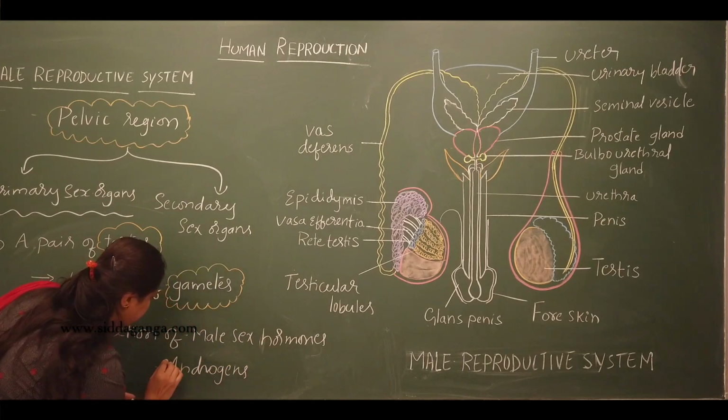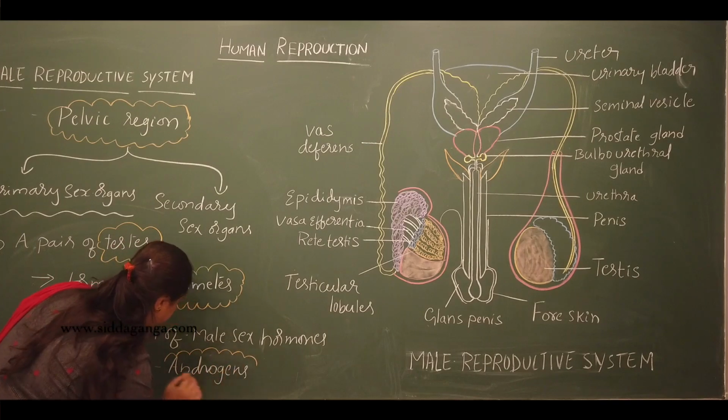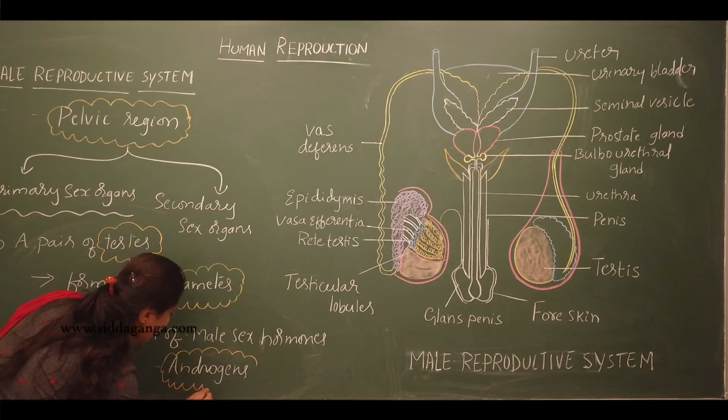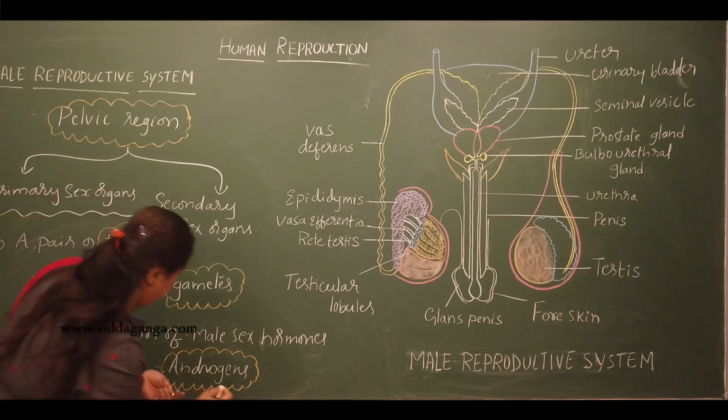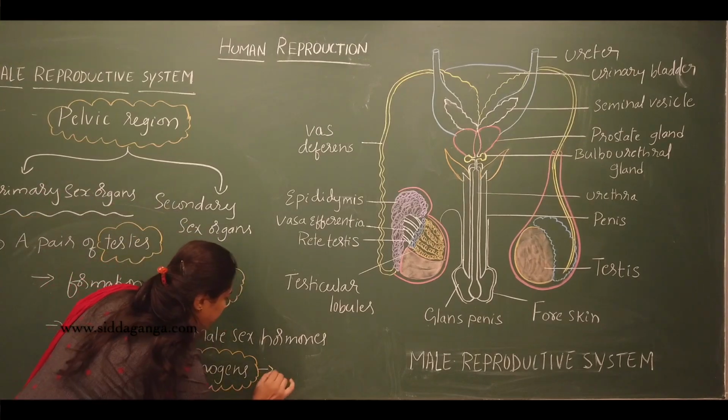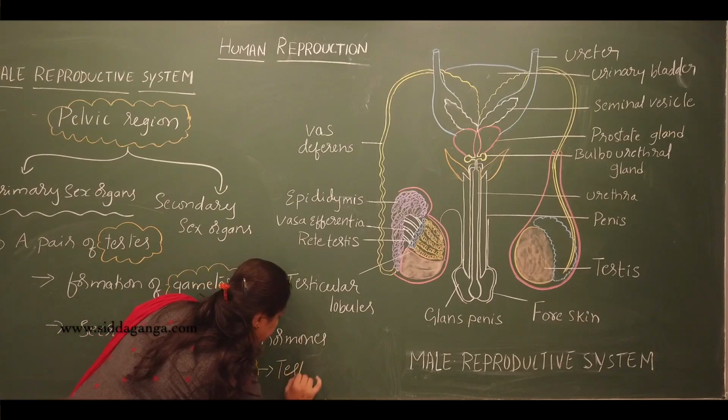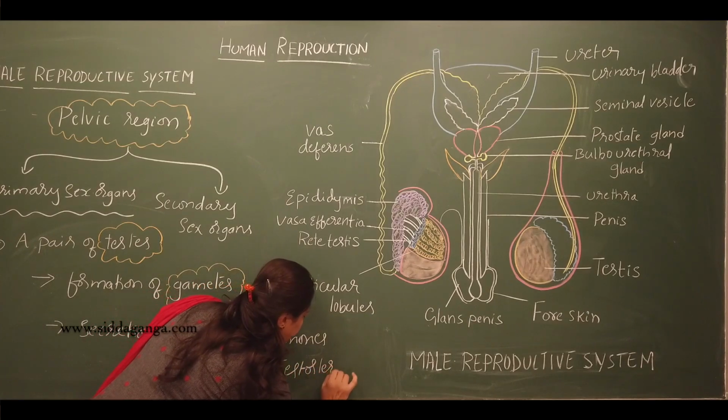Androgen refers to a group of hormones like testosterone, dihydrotestosterone, and many others. But the principal androgen is testosterone.